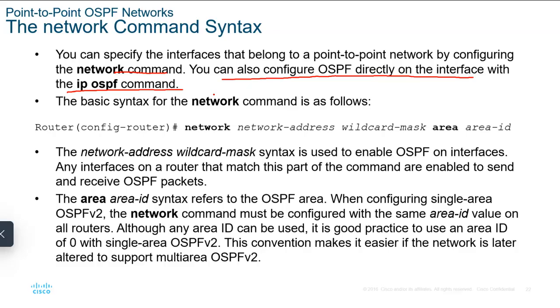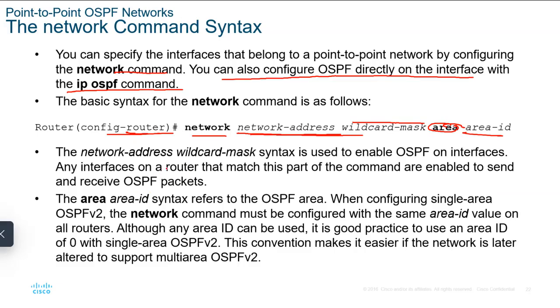To enable OSPF, there are two methods. You have to be in router configuration mode, and then you put network, specify a network together with the wildcard mask, and then the area. I'm going to show you that.